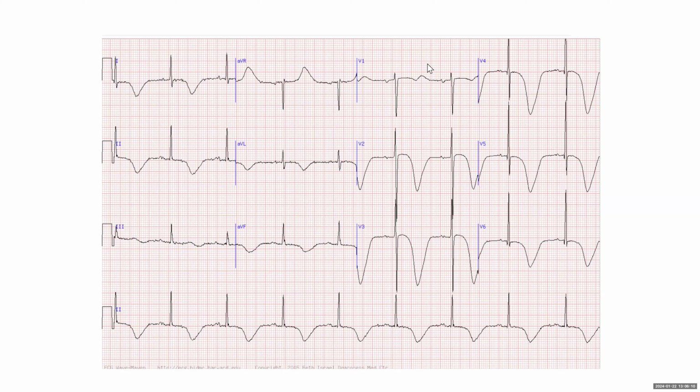Sinus bradycardia. Okay. So you guys are correct, except you haven't picked the diagnosis on the coding, and that's why I chose this.